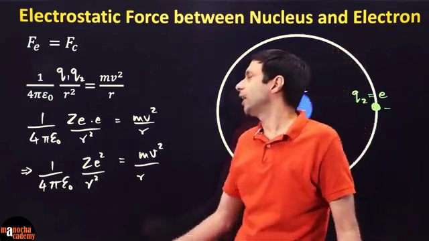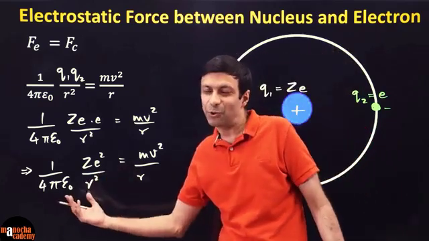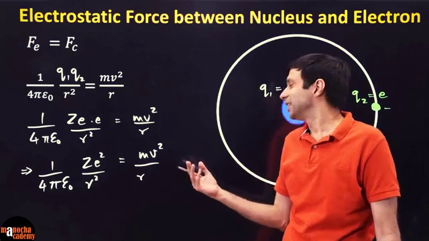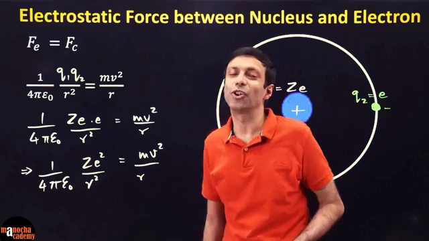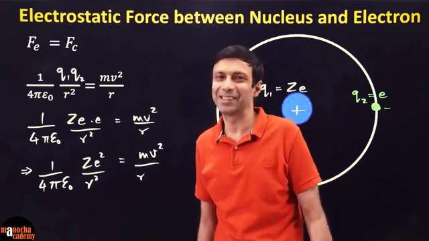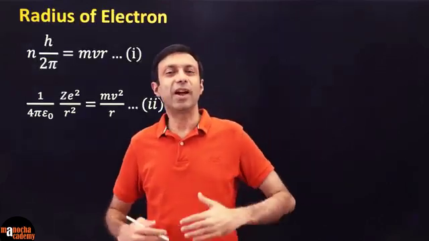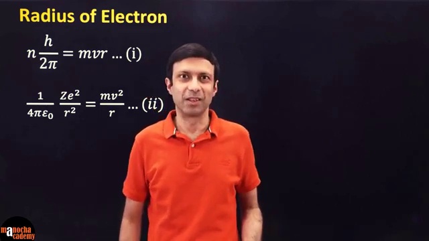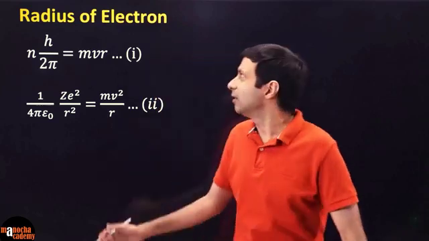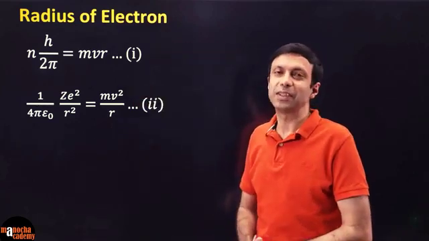So remember, we are equating the electrostatic force to the centripetal force, the center-seeking force for an electron spinning around the nucleus. Now let's see if we can find the expression to calculate the radius of the electron. What will we do for that? We can make use of the equations that we have seen before.